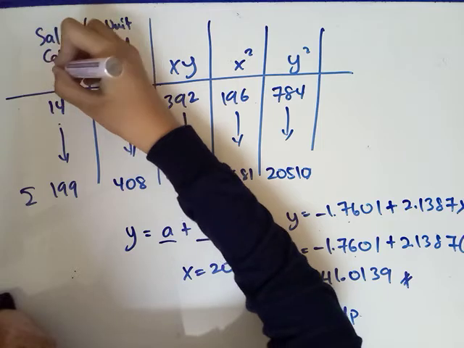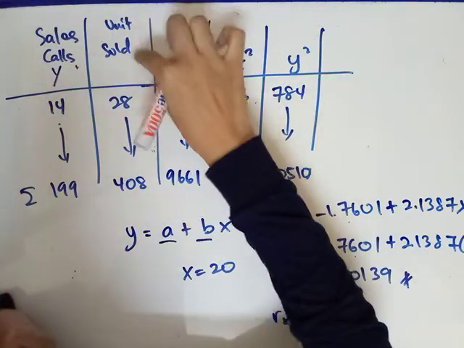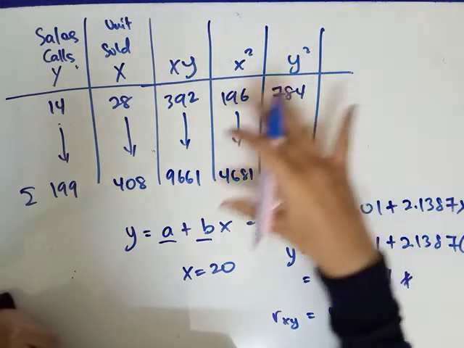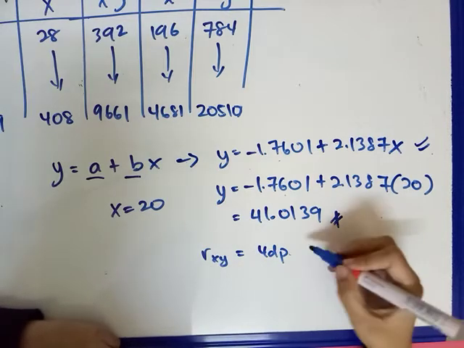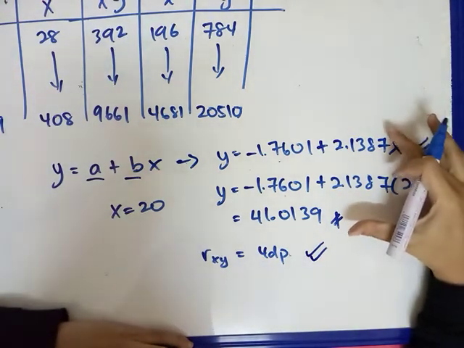If awak letkan terbalik, that means sales cost ni awak letkan sebagai independent variable, units sold ni awak letkan sebagai dependent variable. So, calculation for correlation coefficient awak betul. But, for equation, awak akan salah.